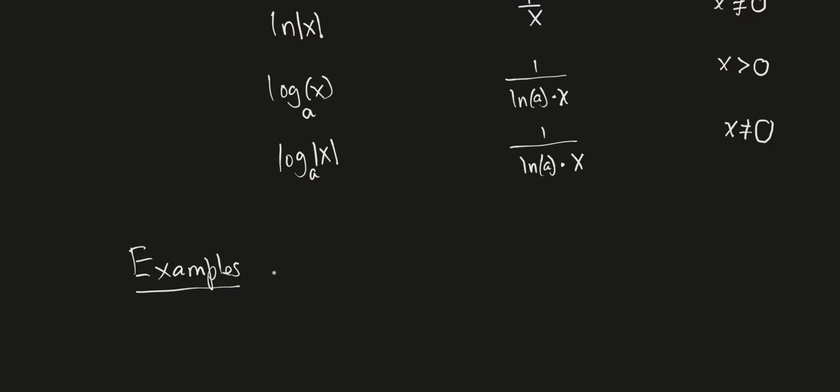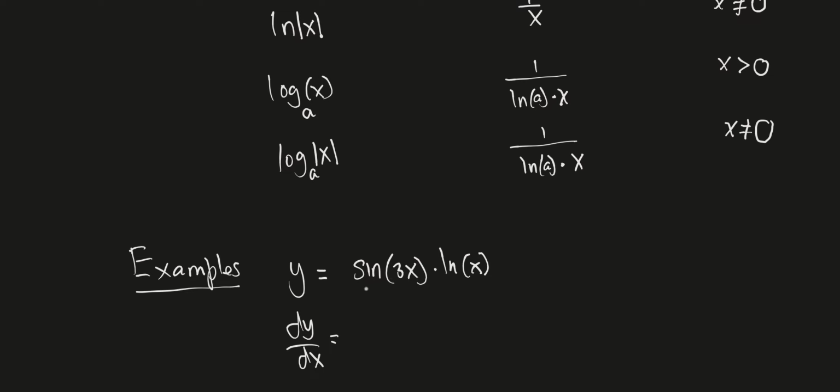Let's say we have a function that is the sine of 3x times the natural log of x, and we want to find its derivative, dy dx. We have a product, so definitely the product rule, and we have a composite with the sine function, so definitely the chain rule. So it's going to be a combination of those two rules.